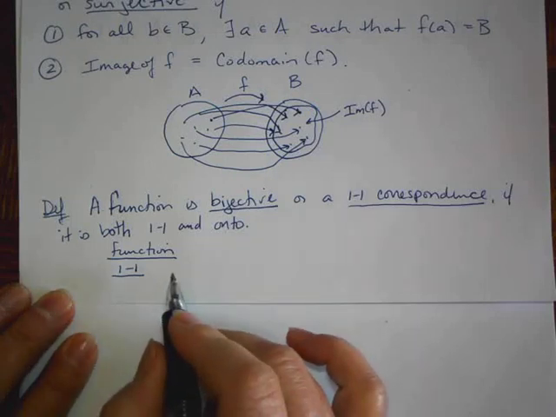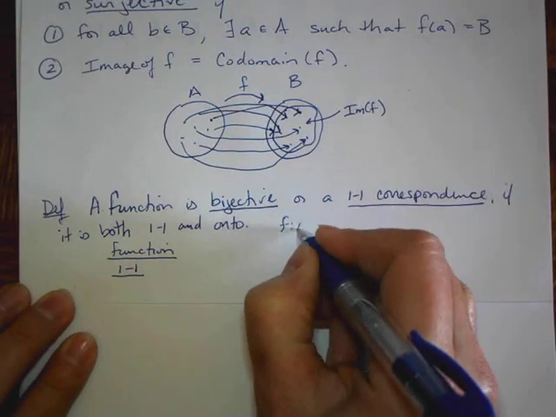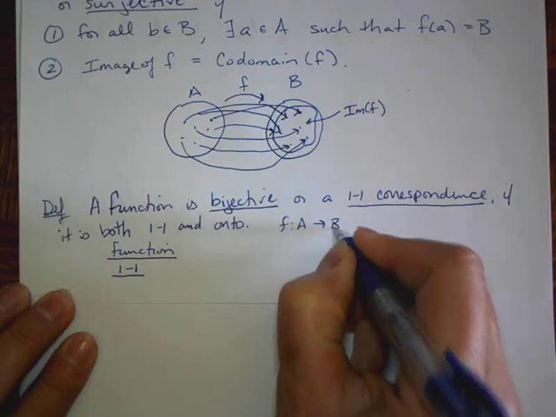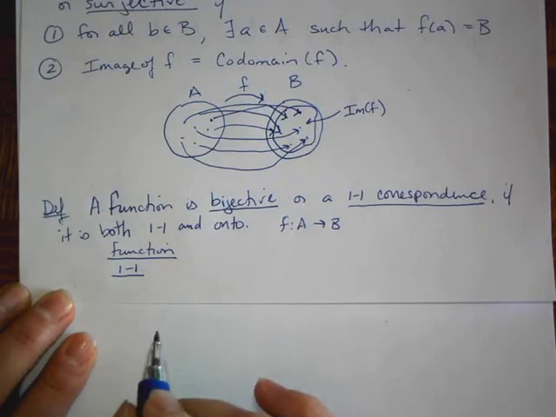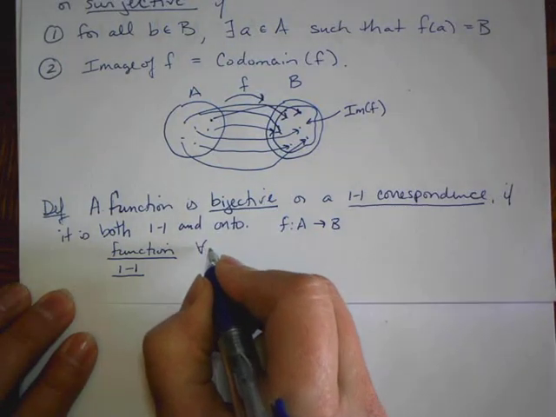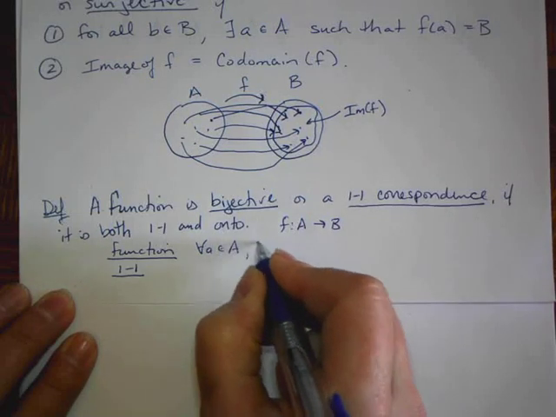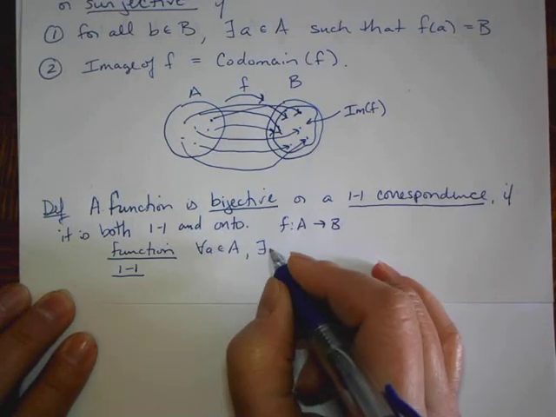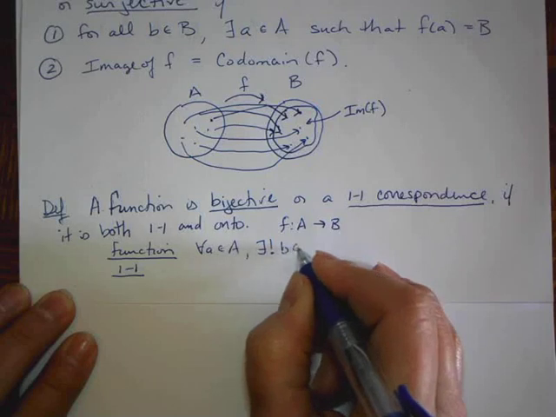So many students get confused about the difference between the definition of function and one-to-one, and here's why. The definition of function is we've got f from A to B, so we've got a domain and a codomain.